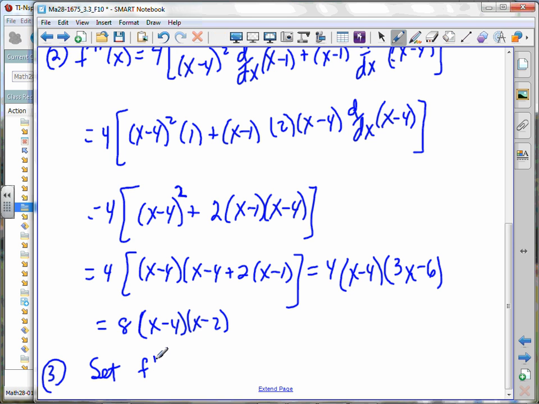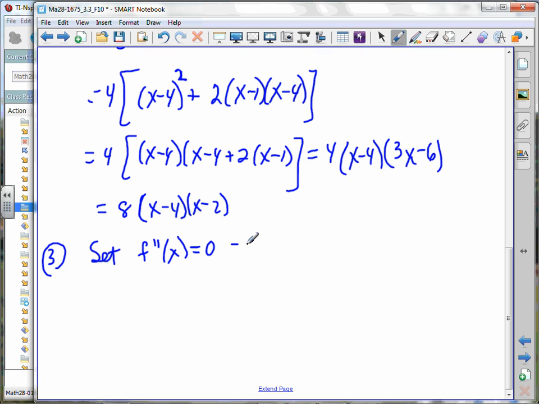Okay, so we'll do that. We'll set it equal to 0. So I have 8 times x minus 4 times x minus 2 equal to 0. And we have to say possible inflection points.